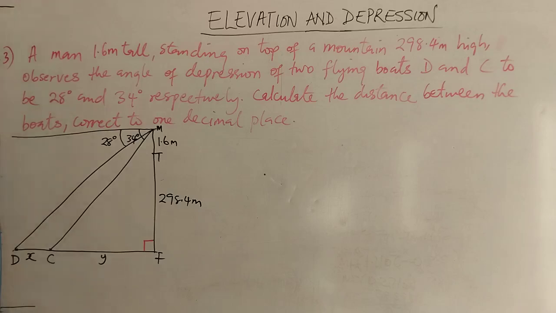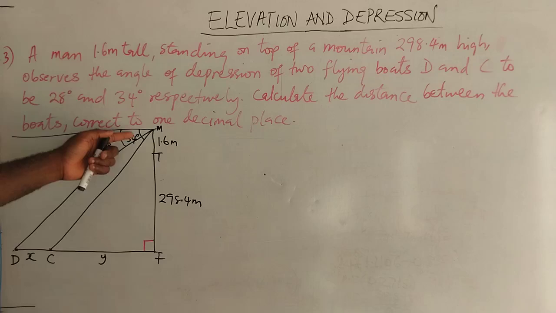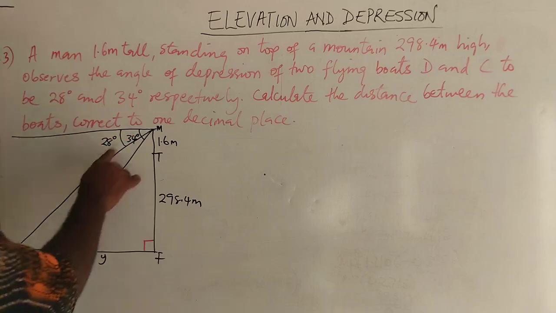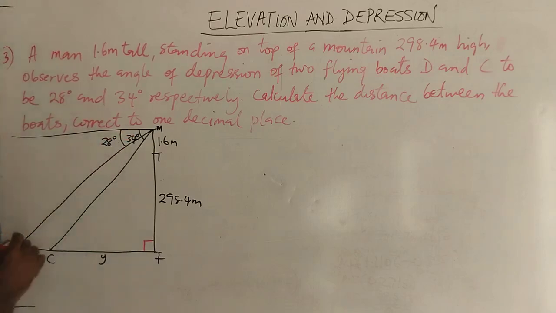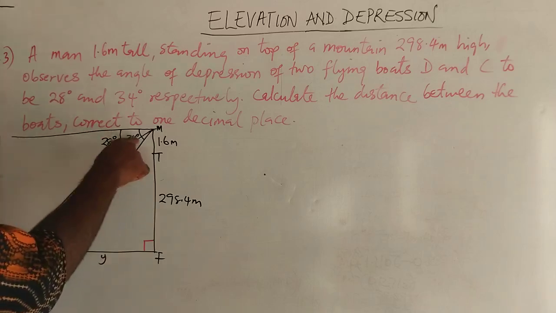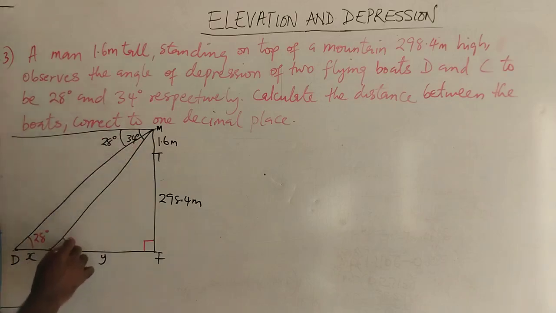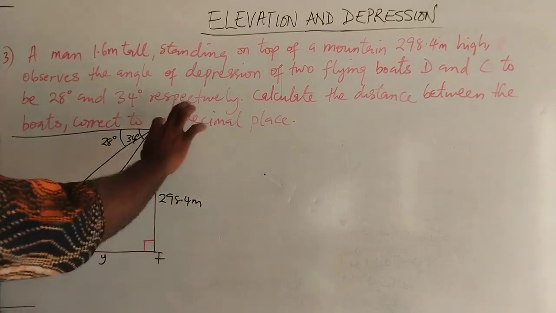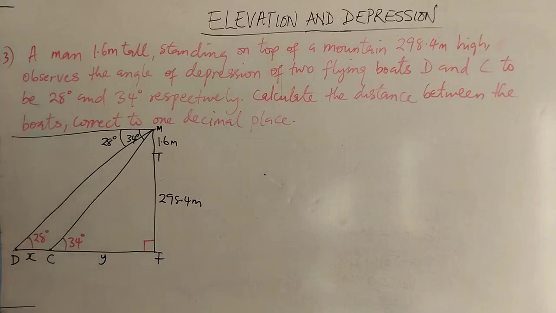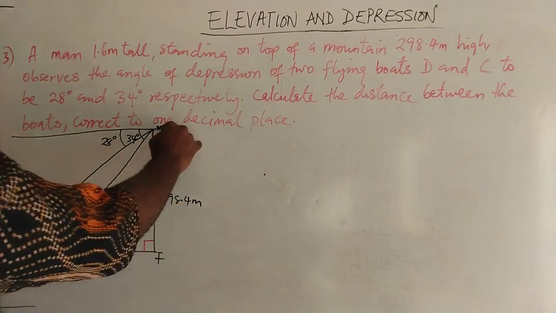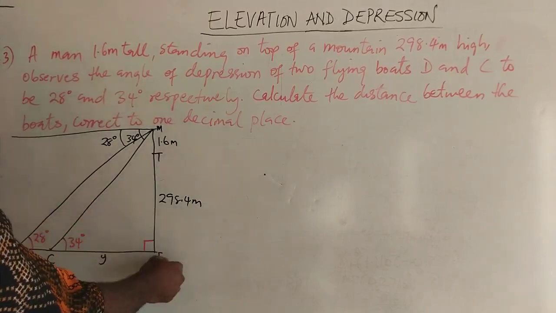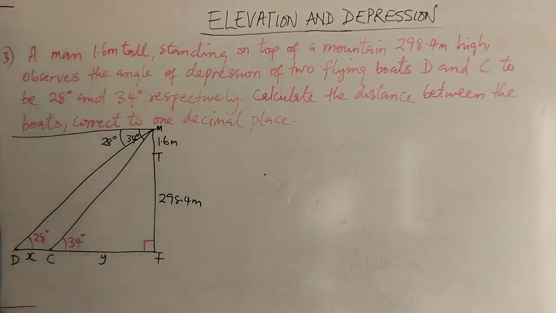Now, to do the calculation, first of all, we need to bring these angles into the triangles. Here will be 28 degrees, alternate angles. Why 34 here, 34 also here, alternate angles. Fine. The next thing is, let's calculate the total height. That is the height of the man plus the height of the mountain.